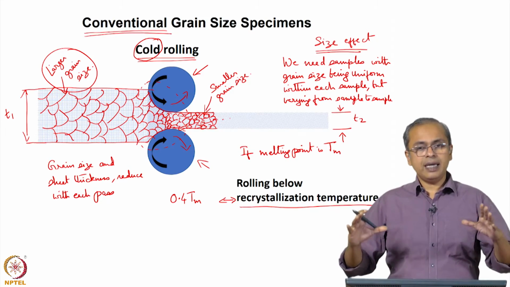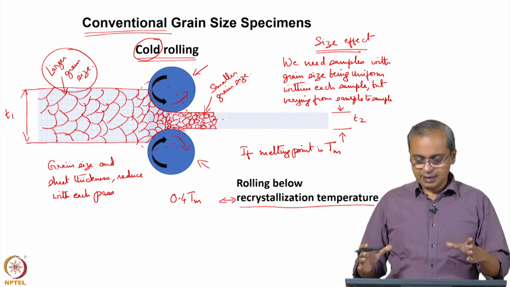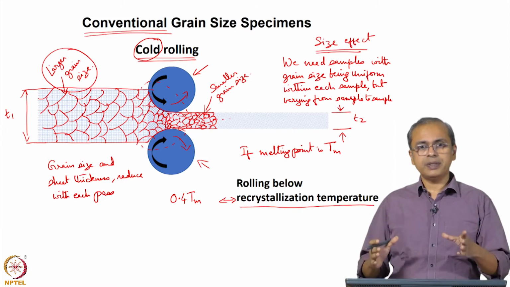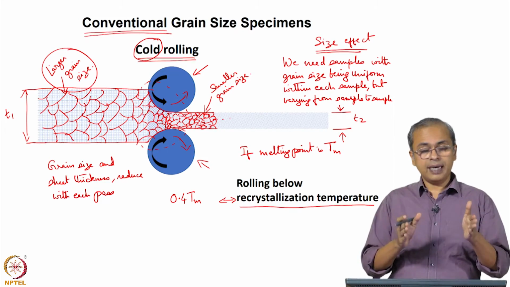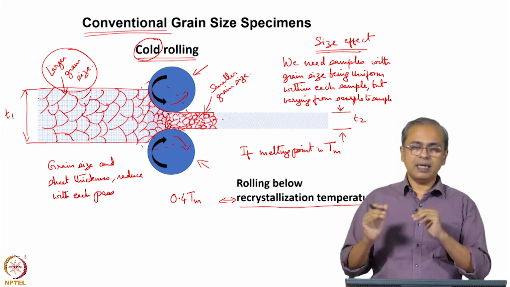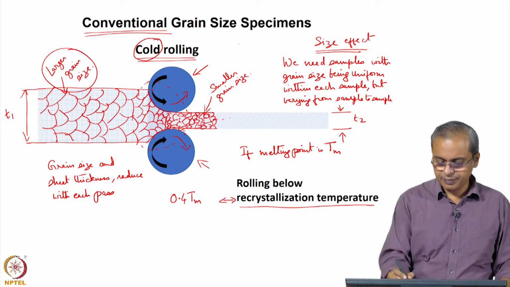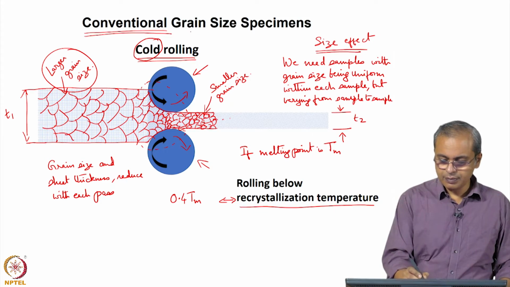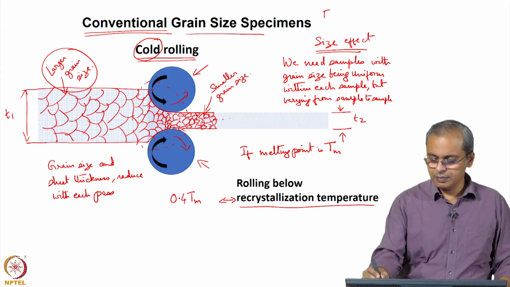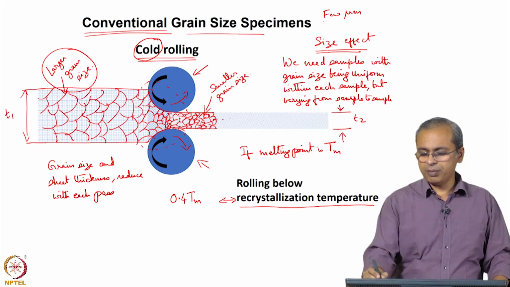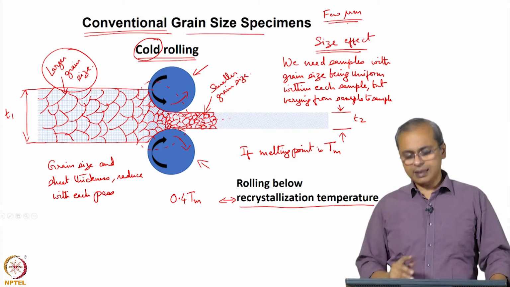So, this is the experimental process for getting ourselves some samples with known grain size, but in a relatively larger regime of grain sizes of the order of a few microns. So, few micrometer sized grains is what you are looking at, some range there.